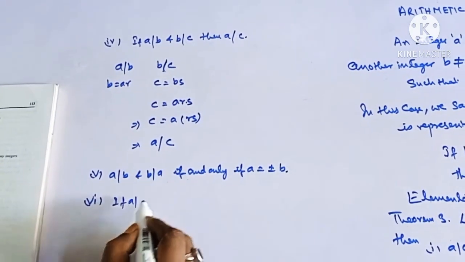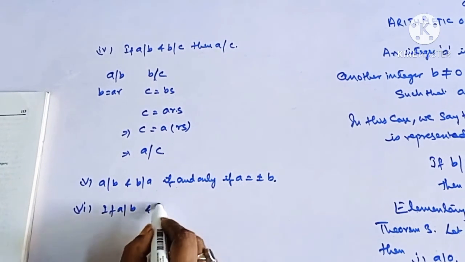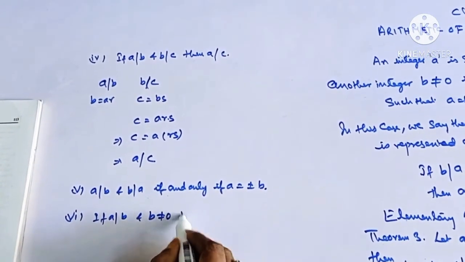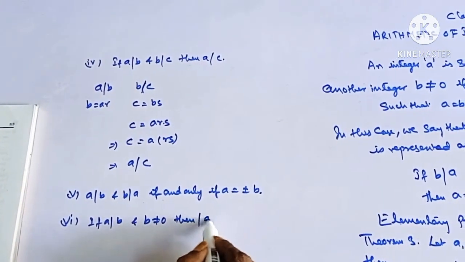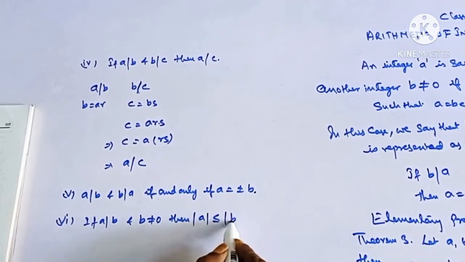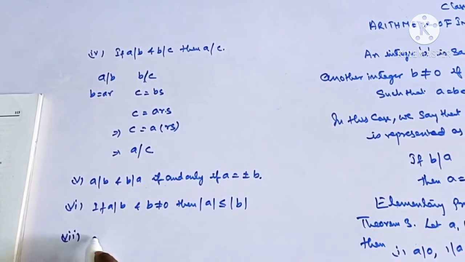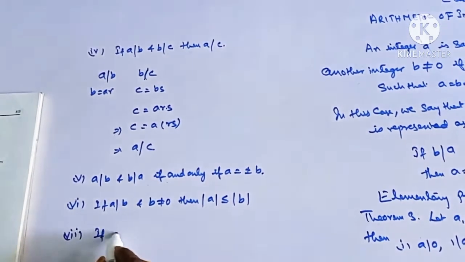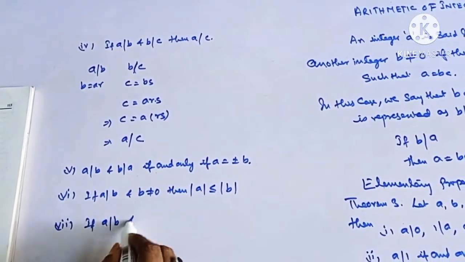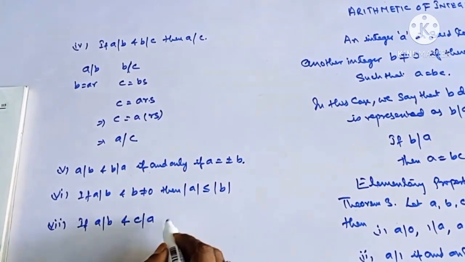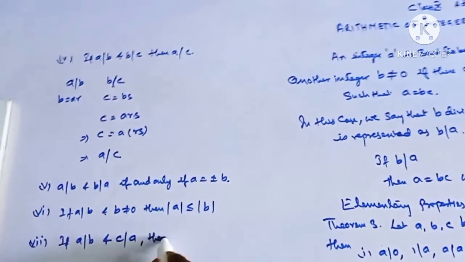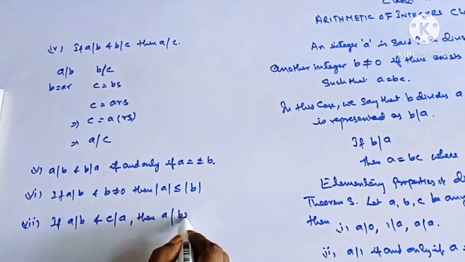If a divides b and b not equal to 0, then modulus a is less than or equal to modulus b. And the last property is, if a divides b and a divides c, then a divides bx plus cy, where x and y are any integers.